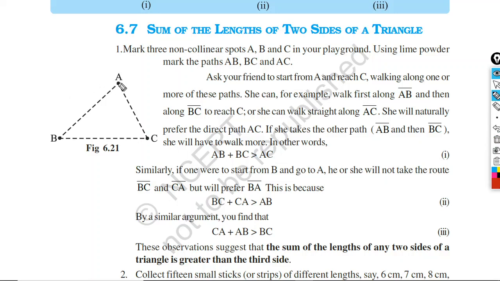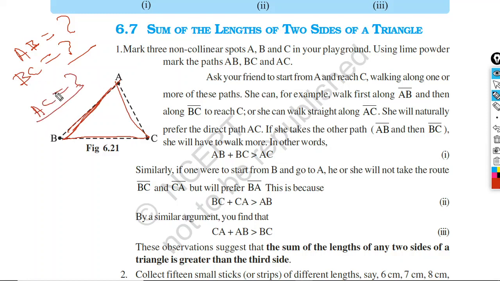Okay, suppose like this you have drawn ABC triangle, and please measure the length of AB. You have to find AB equal to how much, then BC equal to how much in length, in centimeter, whatever. Please write it down, measure and write. AC equal to dash, AB, BC and AC.